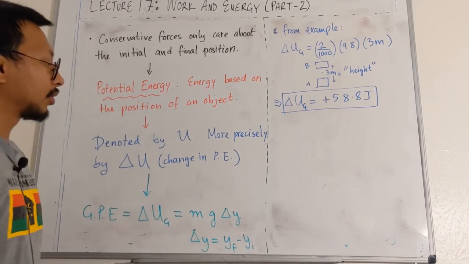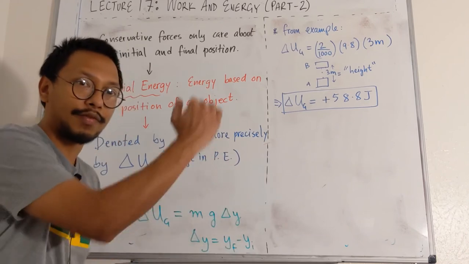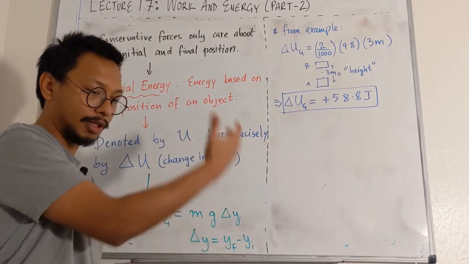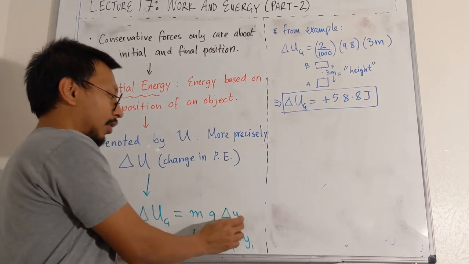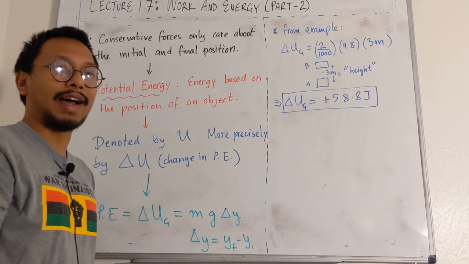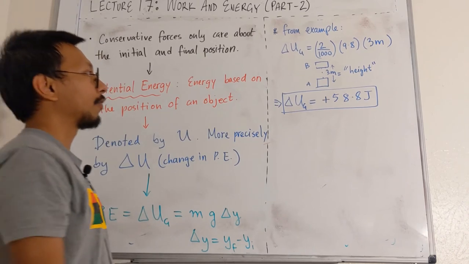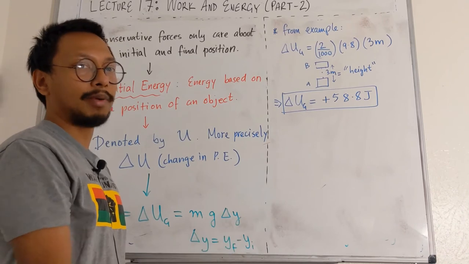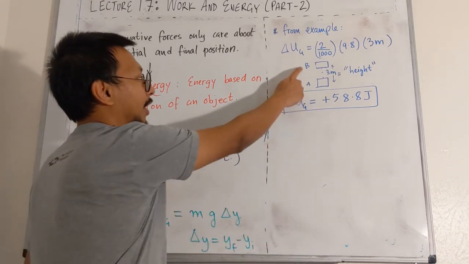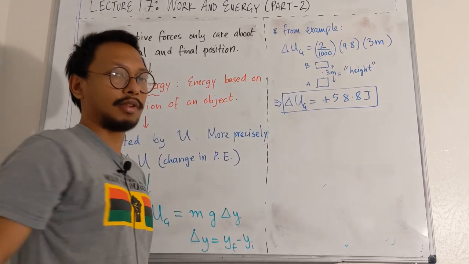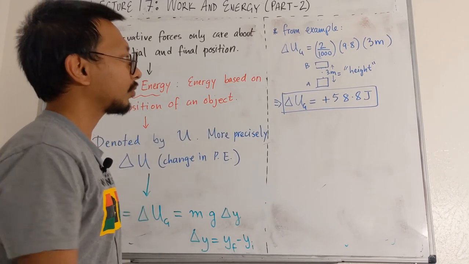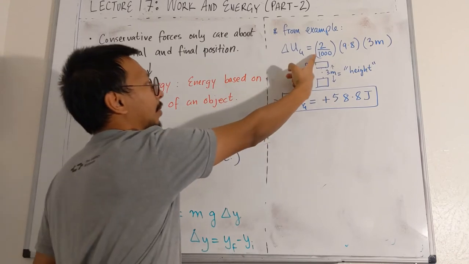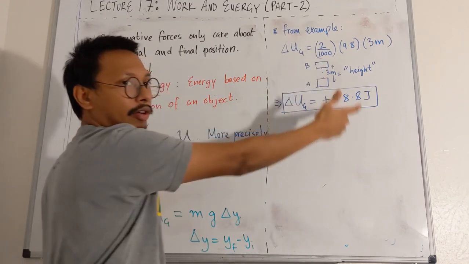Since this is a vertical displacement, gravitational potential energy is concerned with vertical positions. This will often be called a height. So for example, if you want to calculate the gravitational potential energy for the example we just considered, moving from A to B, this block covered a total distance of 3 meters. 3 meters is its height, and the mass is 2 grams, so 2 over 1000 kilograms.